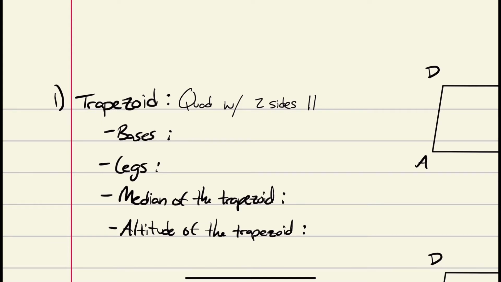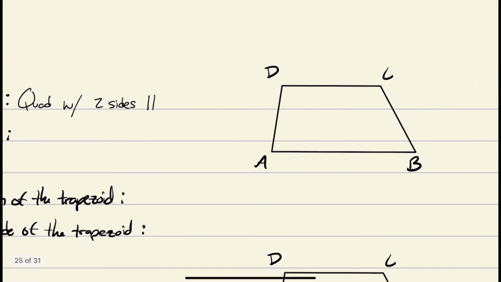On this one, it's pretty obvious which two sides are parallel in this figure here. Those would be parallel. These ones look like they're going to intersect, but some textbooks you might come across in geometry will tell you that these are parallel.